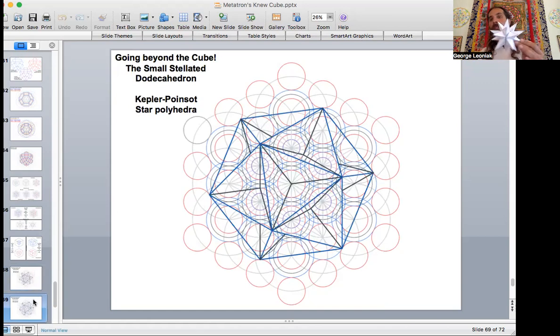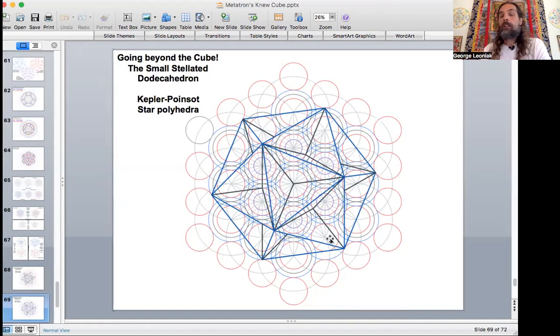And this is the great stellated one, which is where it got to a breaking point in this pattern. And it's actually better, in my view, to switch this whole hexagon that this is contained in, reorient it to be the hexagon that the cube was in.